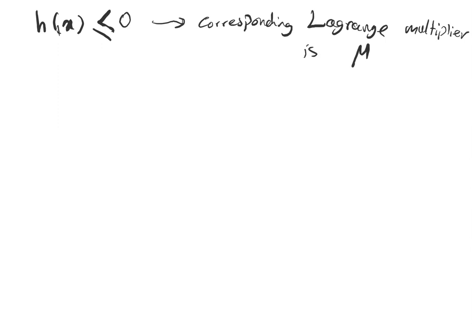If you look at the KKT conditions, we had mu multiplied by h of x should be 0. But something that we want to note here: either mu or h of x should be 0. They cannot both be 0 at the same time. How do we do that? We define two scenarios.